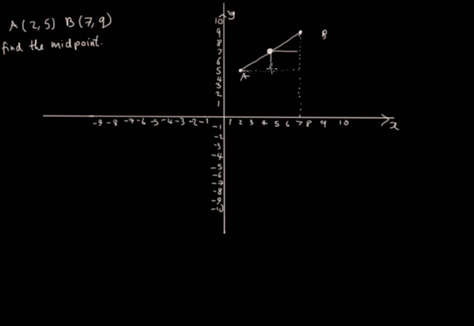If you were to record it down, you would end up here and you would end up here, giving us, let's call the midpoint M. So M would be 4.5, 7.